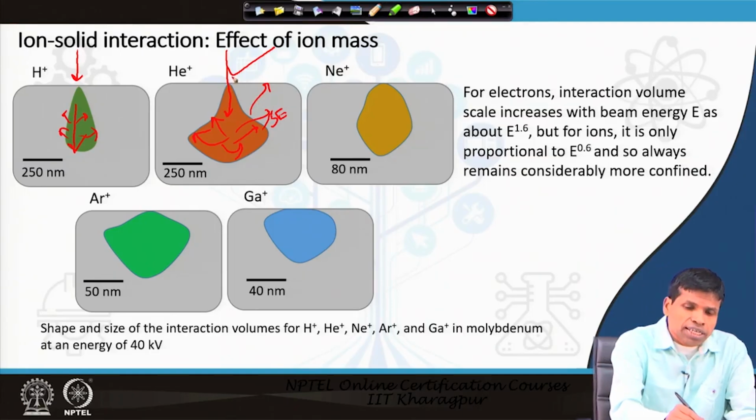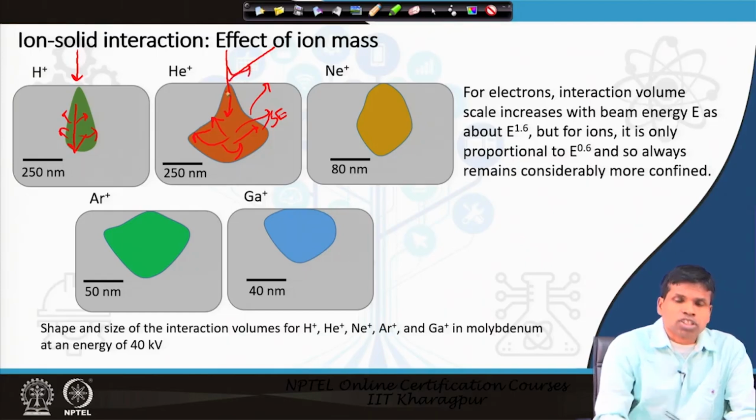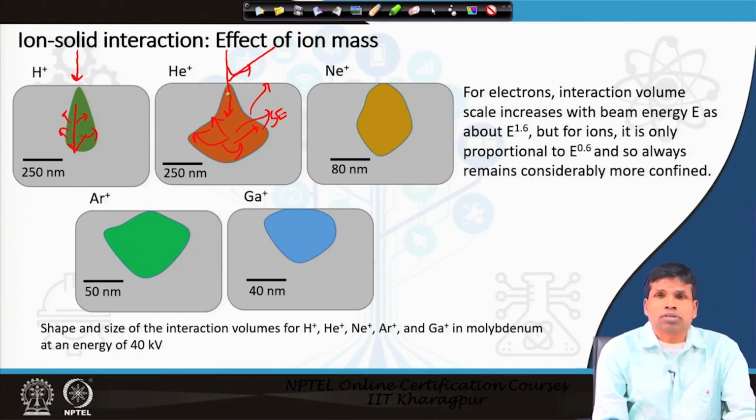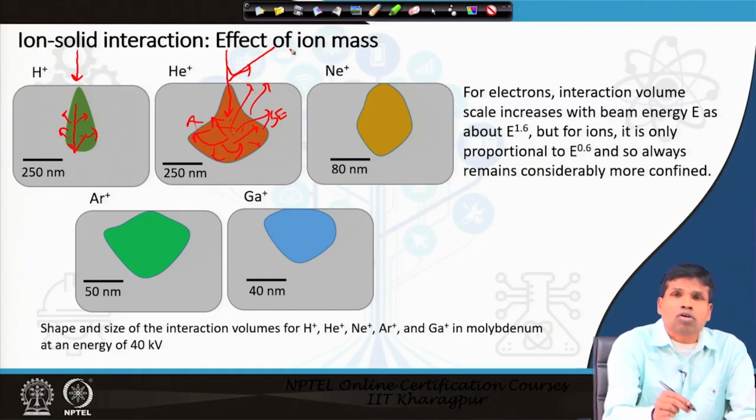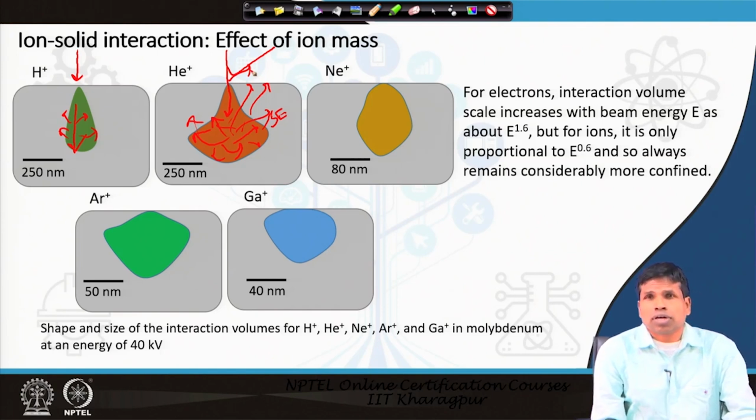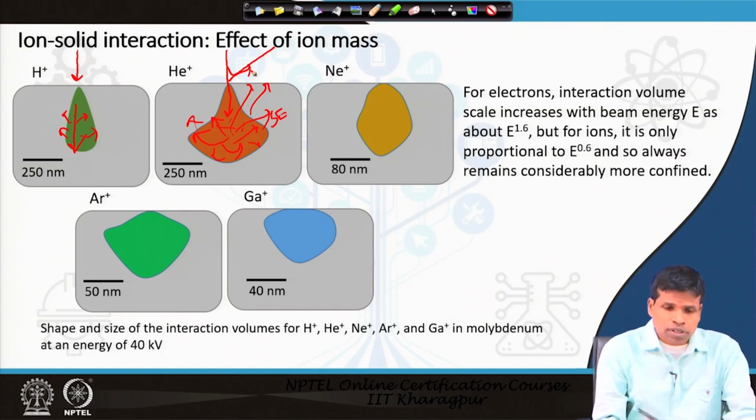Only the electrons near the surface will emerge, and that can be used for microscopy purposes, because secondary electrons have very low energy, less than 50 electron volts. So, whatever secondary electrons are generated deep in this interaction volume cannot come out of the specimen. Therefore, they will not be utilized for our imaging or other purposes.